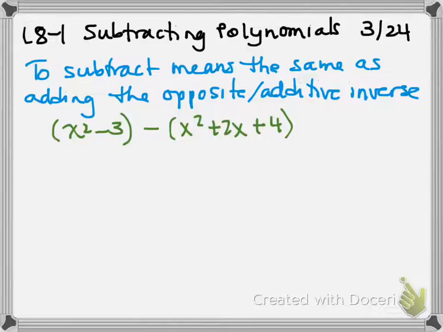I'm adding the opposite of every term that comes after the subtraction sign. So basically what happens is this. Subtraction becomes addition, and each of these signs change. That's the key, is to remember to change all of the signs of the second polynomial, because it's what comes after the subtraction sign. All right?